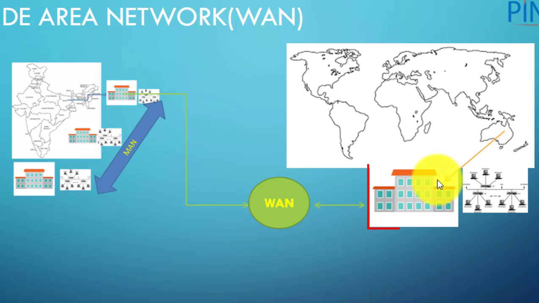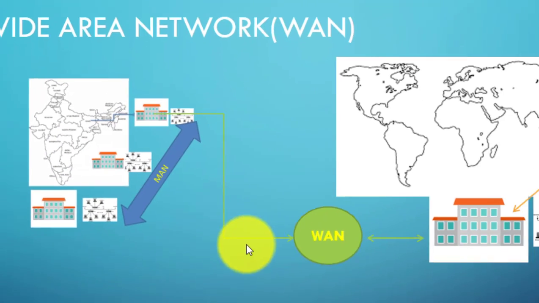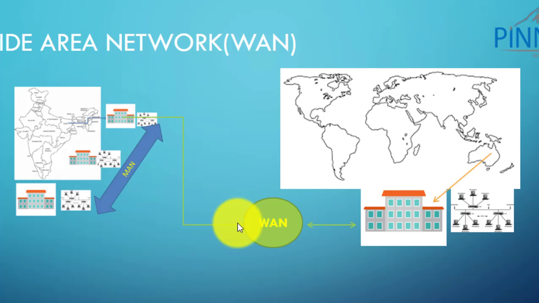Now Australia also, it has got the same business organization, it has got a local area network here. Now this Australian branch has to be connected to all the branches in India, and if that has to happen, it has to be through a wide area network. So wide area networks cover a larger area than LAN as well as MAN.